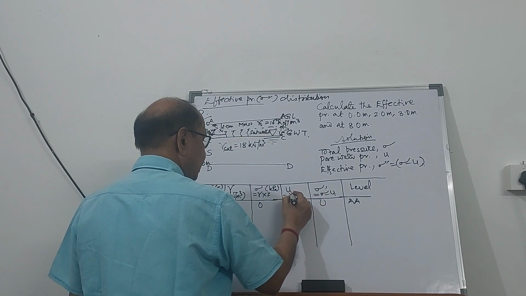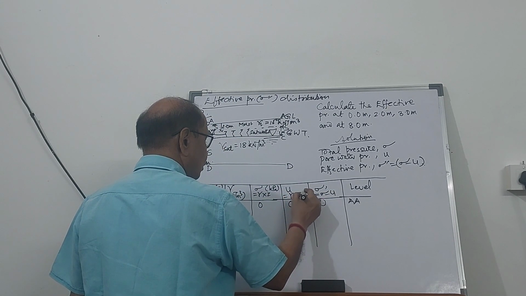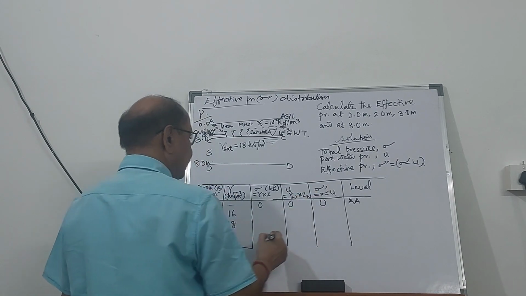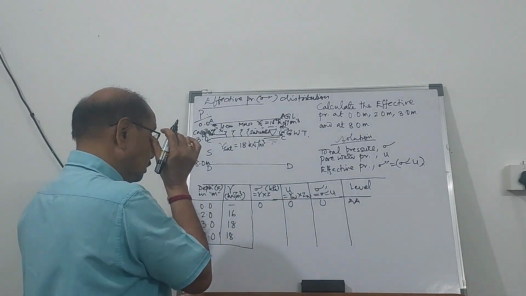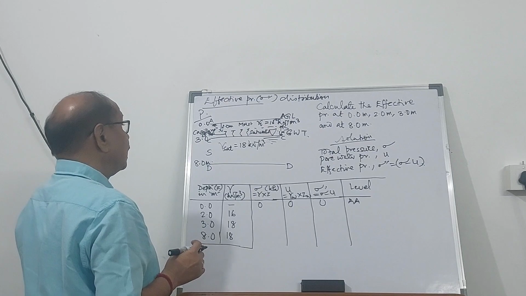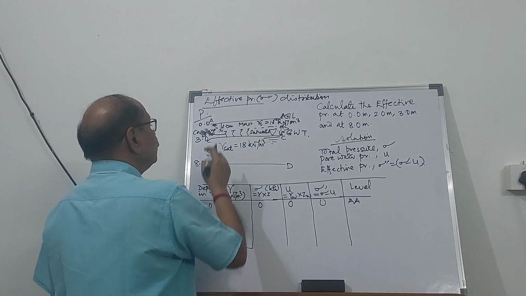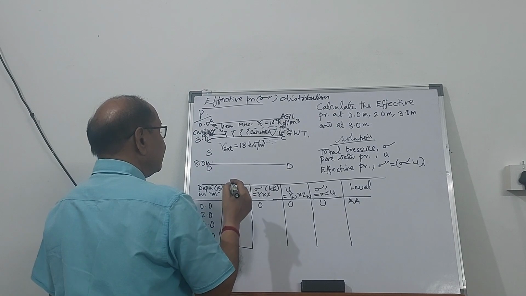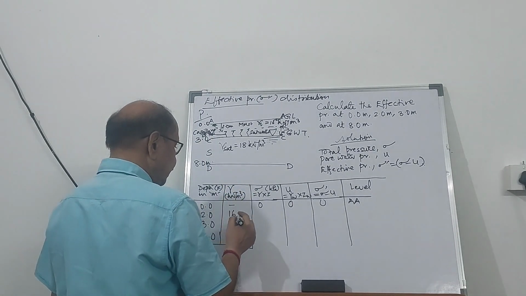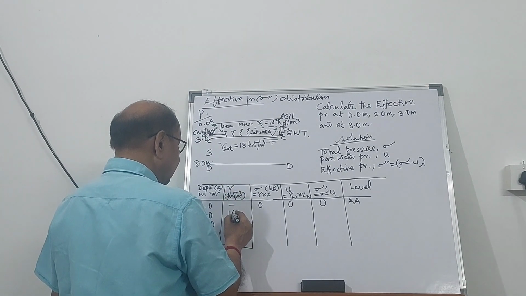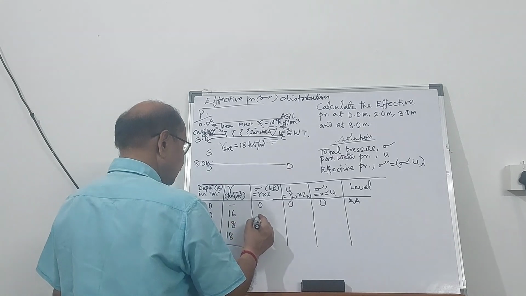This will be gamma W multiplied by ZW. Now, when you go to 2 meter, you have the dry unit weight, and that is 16.